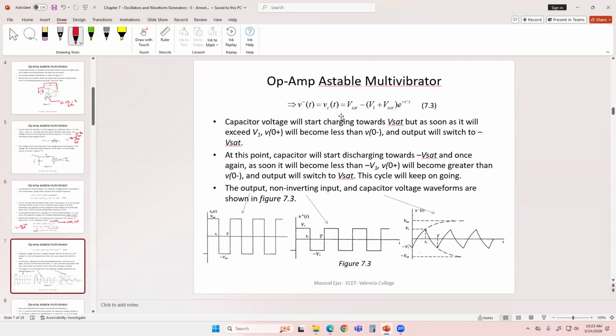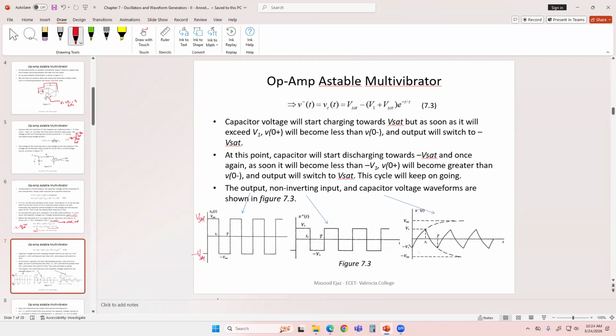And our equation for the capacitor voltage is going to be VSET minus V1 plus VSET e to the power negative t over tau. So the capacitor voltage, now this is your output voltage, which is switching between VSET and negative VSET.